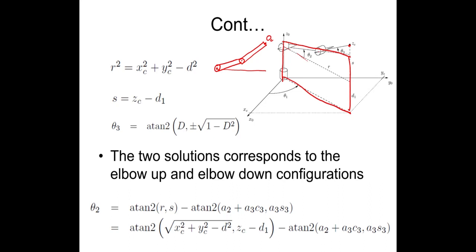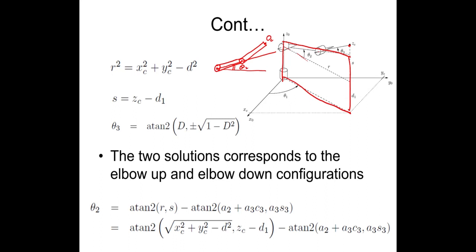And then if we draw a line along the second link, so we have this line, and this angle, which is between the second link and the ground, is theta 2.